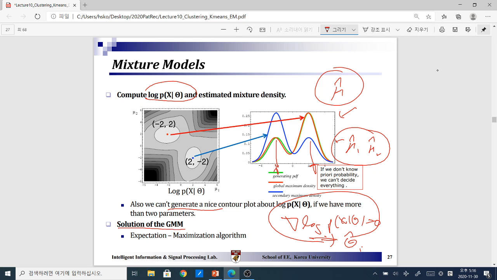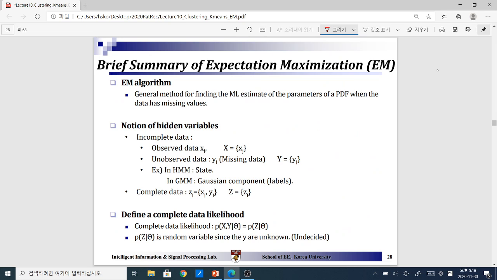So to remedy this situation, to mitigate this problem, the solution of the Gaussian mixture model is done by means of the expectation maximization algorithm. What is the expectation maximization algorithm?